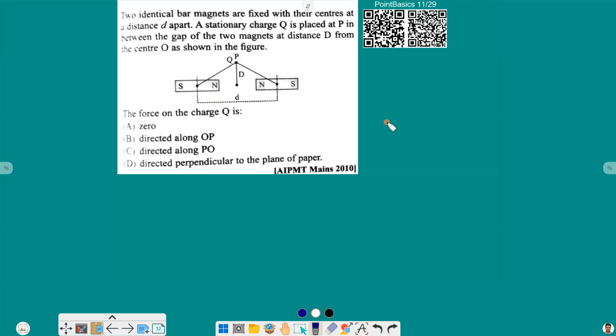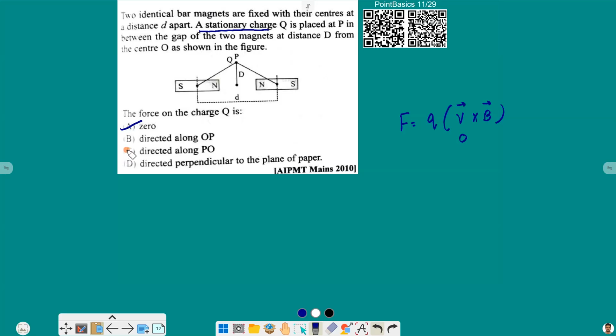Now we know that force on a charge is given by this formula, that is Q V cross B. As the charge is stationary, velocity is zero, and if velocity is zero, then force will be zero.